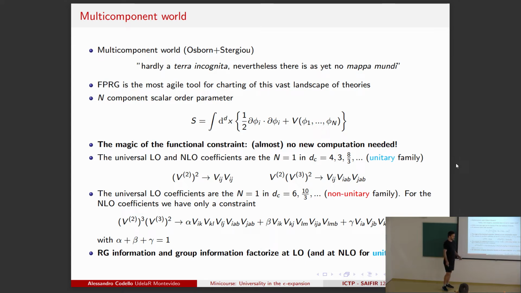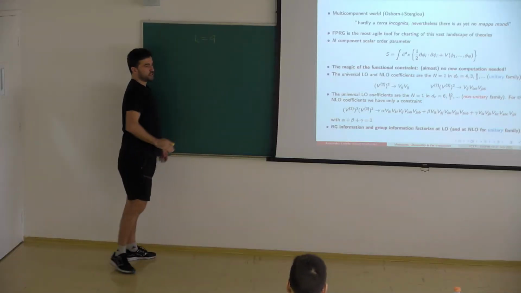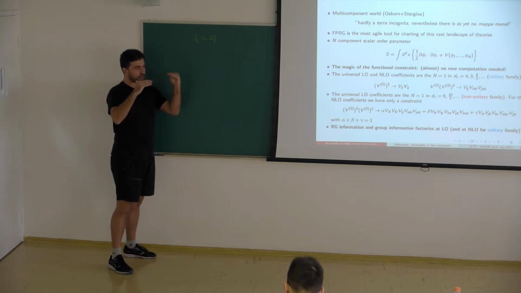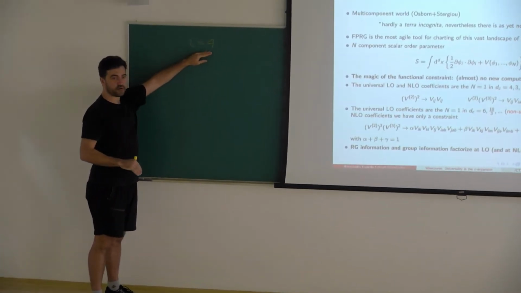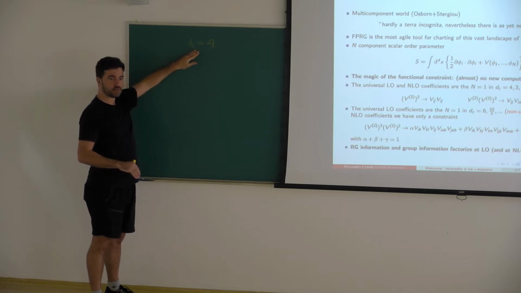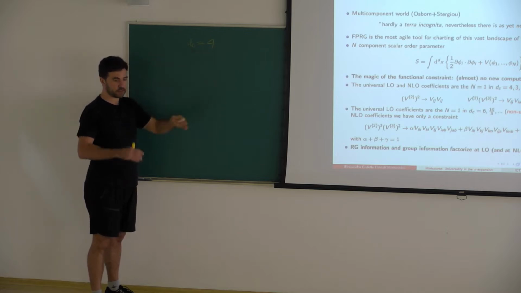But even more importantly, when you go to the multi-component case, there are no additional new computations. Also, we have seen that the upper critical dimension in the one-component case labels one-to-one the universality classes. So when I say critical 4, which means I'm doing dimensional regularization in 4 minus epsilon, I'm actually doing the Ising universality class.